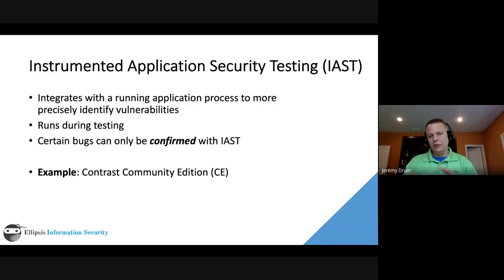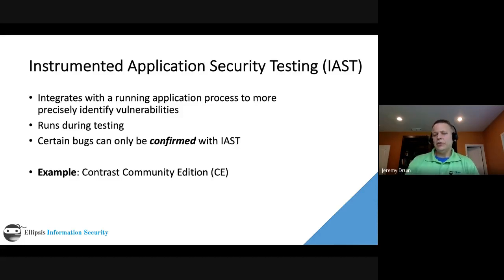So the app and the agent are running side by side right there with each other on the same server at the same time. And this IAST agent, from its position right there on the server, can keep a close eye on the application as it's running. And it's able to find issues that simply can't be found any other way because nothing else has that kind of access to the running app.